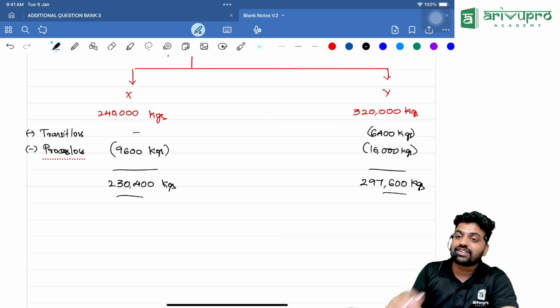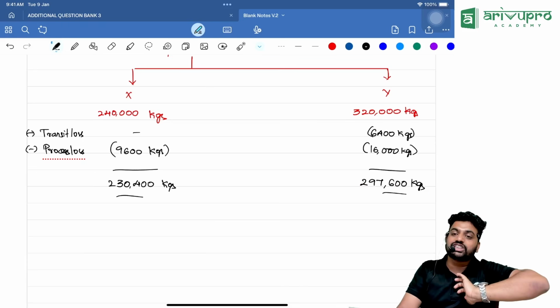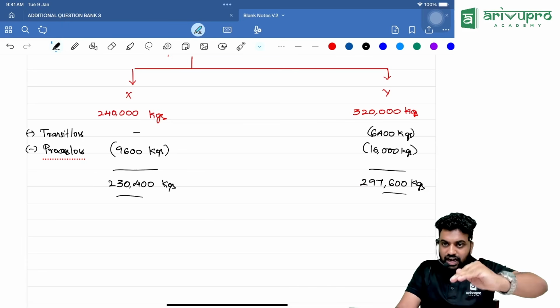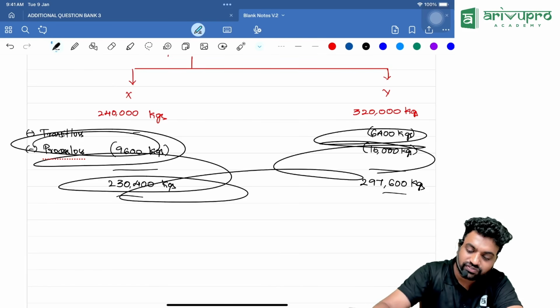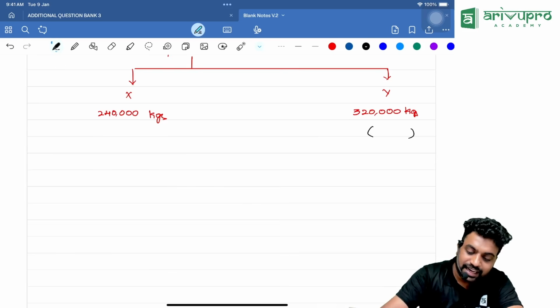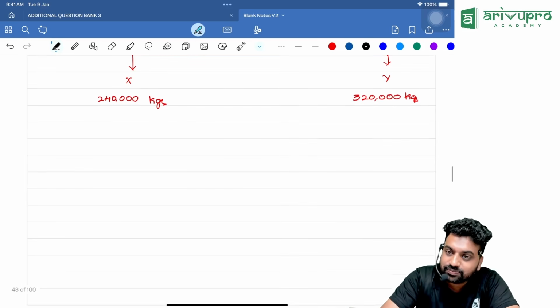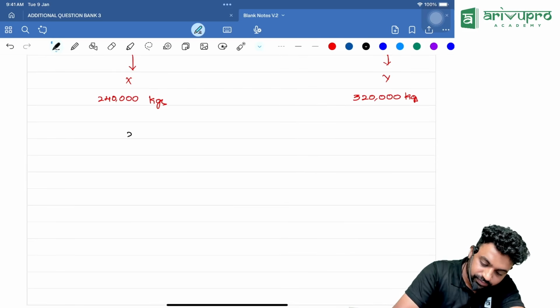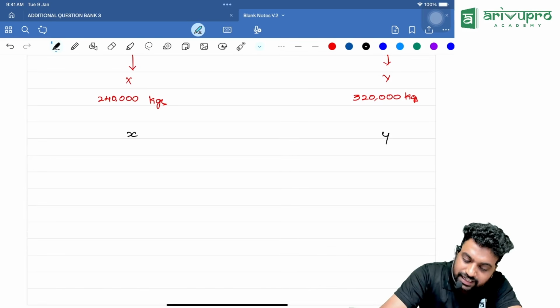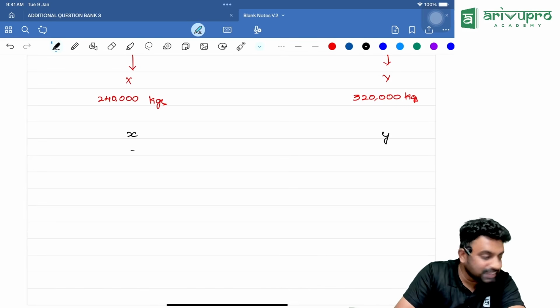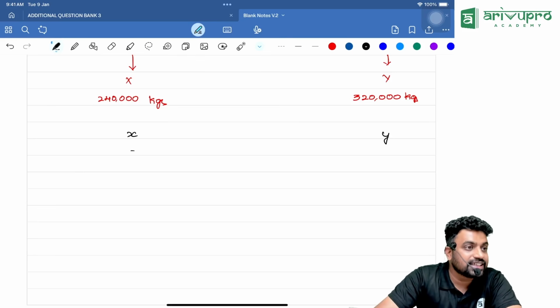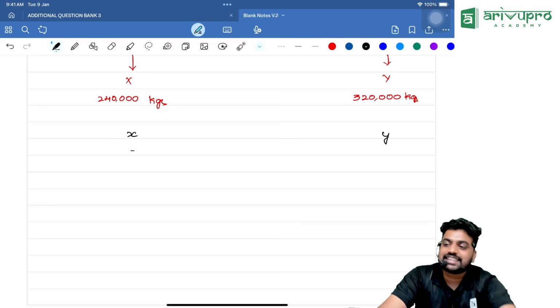That is good units required. That is, after loss we need so much. Which means units to be purchased is, listen carefully. Shall we take the units to be purchased as x? Here shall I take it as y? Yes. There is a transit loss. Here it is nil. However, here it is 2% of what we purchase as transit loss.